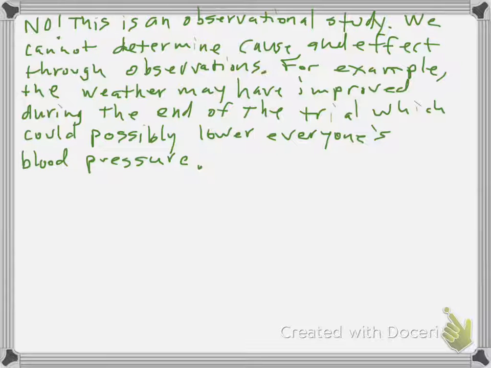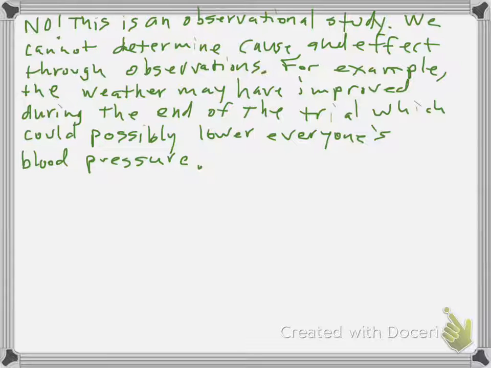Well, I'm going to choose the weather. For example, maybe the weather may have improved during the end of the trial, which could have possibly lowered everybody's blood pressure. So maybe the first 7 out of the 8 weeks was stormy, and it was dark and gray, and nobody was happy. And then all of a sudden, the last week was just fantastic weather, and everybody was all calm.